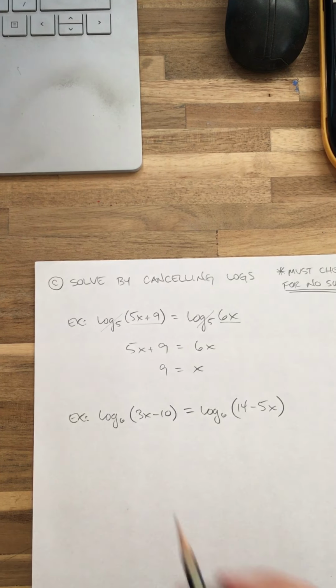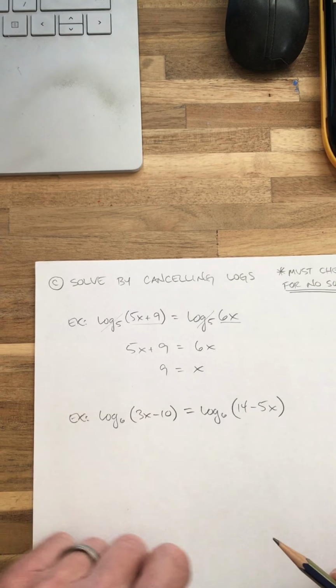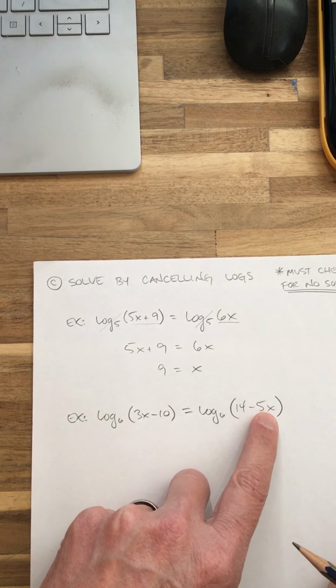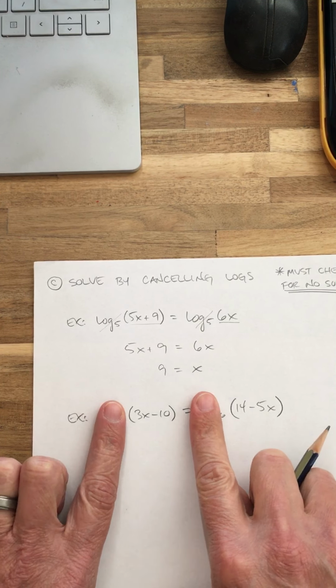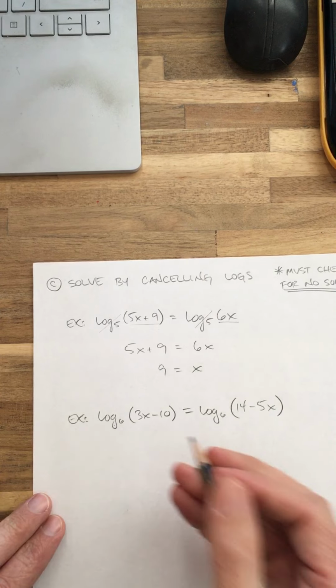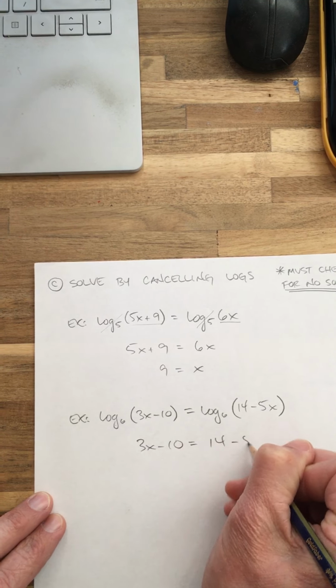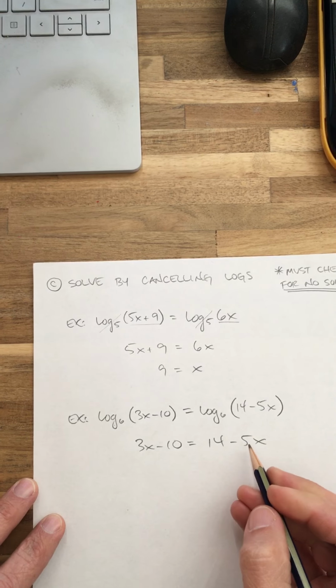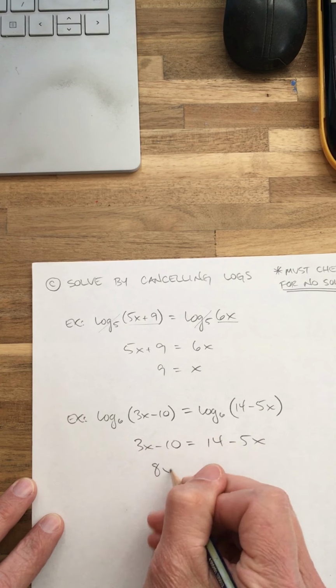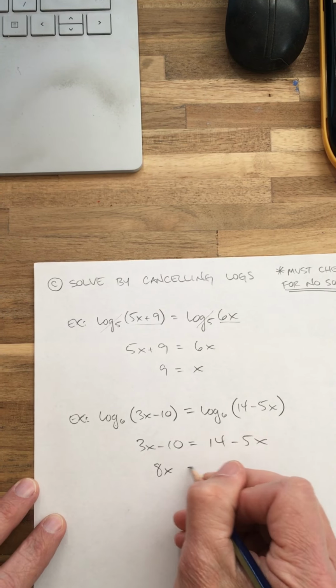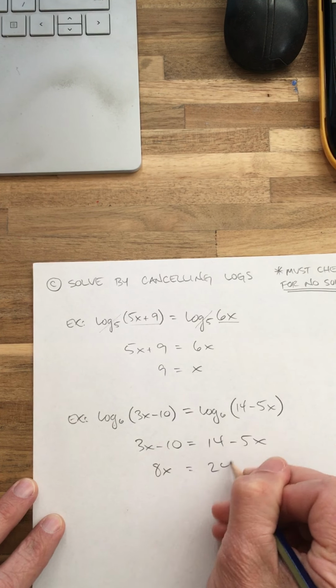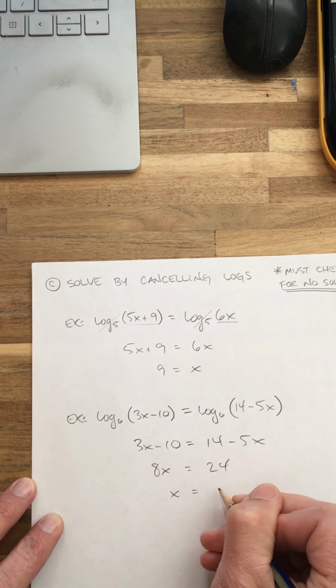Notice it's the log base 6 of this equals the log base 6 of this. You don't need these logs. You know that this has to equal this. So 3x minus 10 equals 14 minus 5x. We'll solve for x. Add the 5x to the other side, you get 8x. Add the 10 to the other side, you get 24. Divide by 8, you get x equals 3.